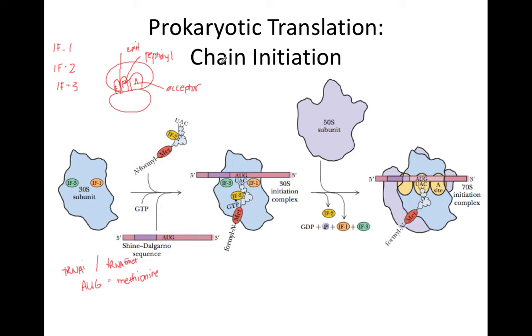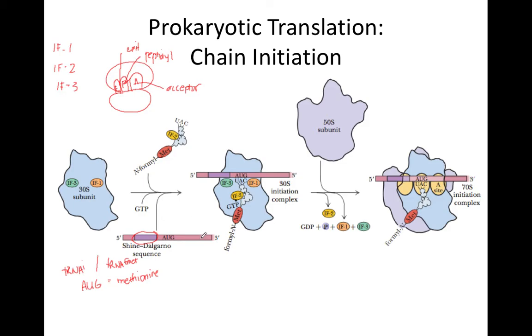So your tRNA is brought to the 30S subunit by initiation factor 2, whereas here you have your mRNA also brought to the 30S subunit. Your mRNA has a part called the Shine-Dalgarno sequence.